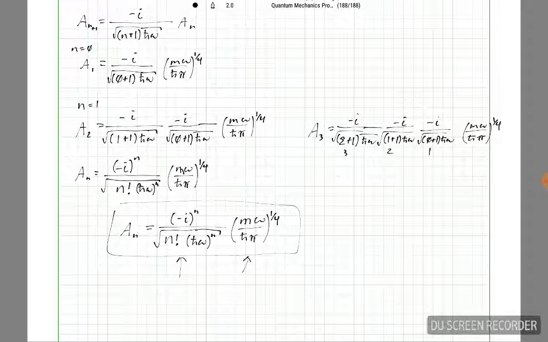It's going to depend on n. You'll see that it is going to fluctuate between being real and being imaginary. And you're also going to see that as n gets bigger and bigger, our normalization constant gets smaller and smaller.